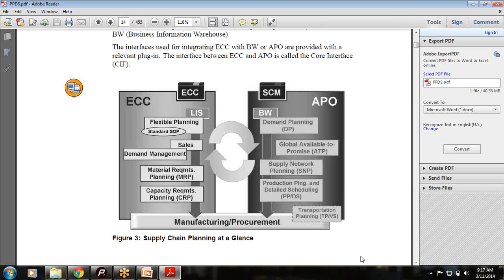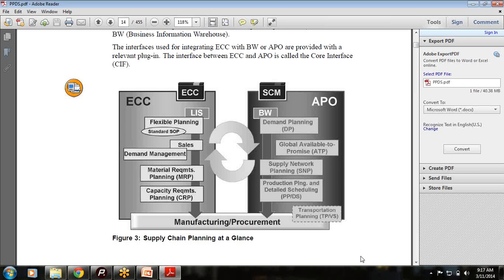There are two kinds of data: master data and transactional data. Master data is something which does not change as rapidly as transactional data. For example, say a company is manufacturing mobiles.